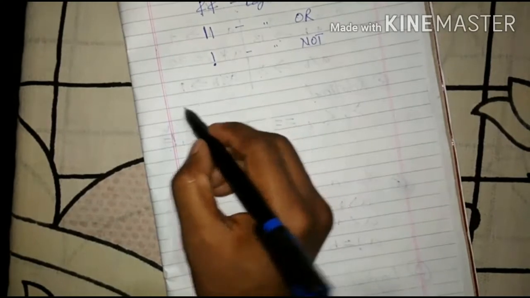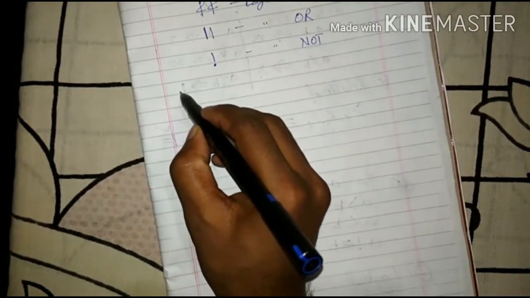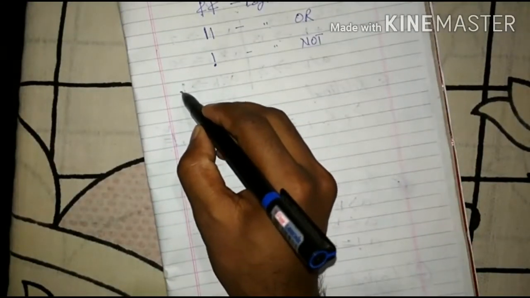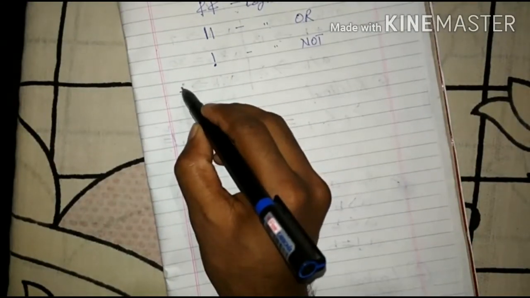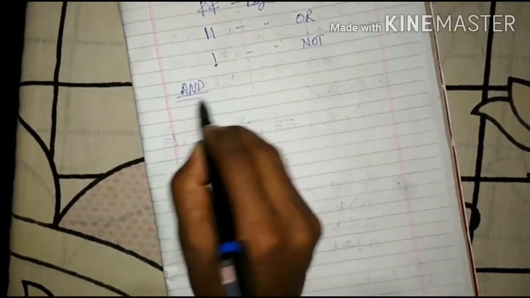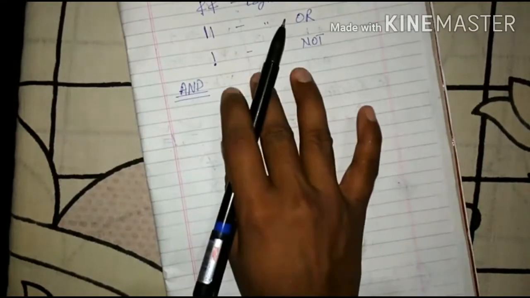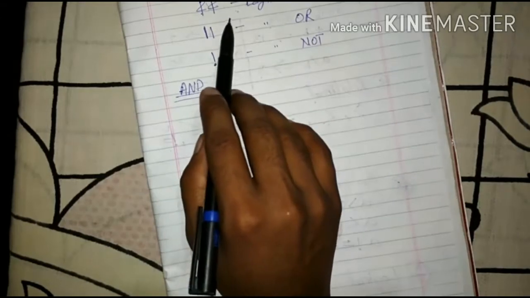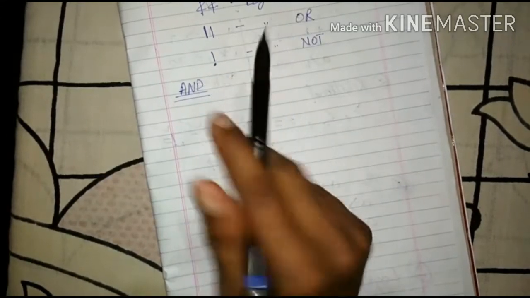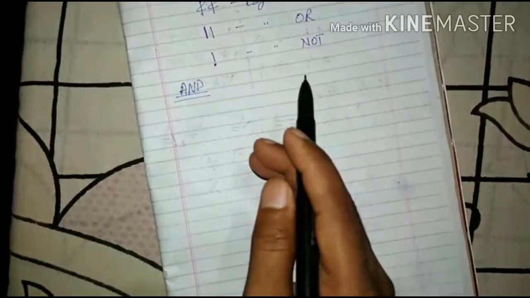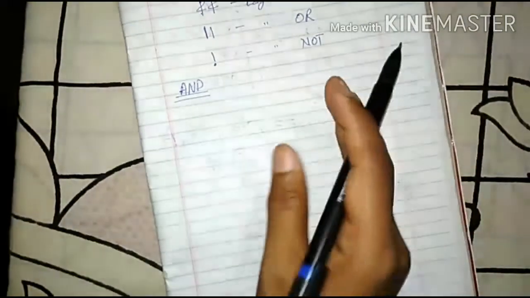To understand this, I'm going to show you a table. Using this table, you can easily understand the result of the logical operator. First I'm telling about AND. As I told, these operators are used between two relational operators, and each relational operator is used for a particular condition.